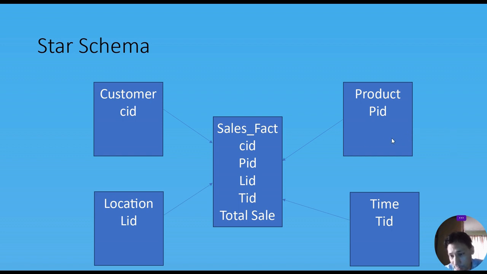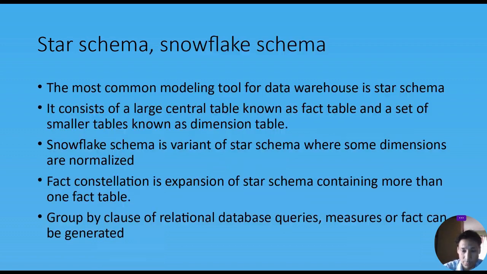So if the product or some dimensions are normalized, then that schema will become snowflake schema. And in case of the fact constellations, we will be finding more than 1 fact table. In case of the star schema, there will be only 1. Group by clause of relational database queries are used to create measures or fact.